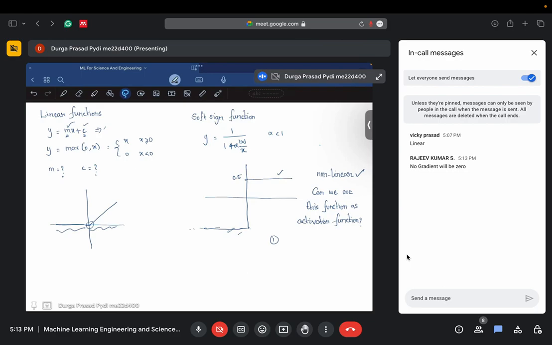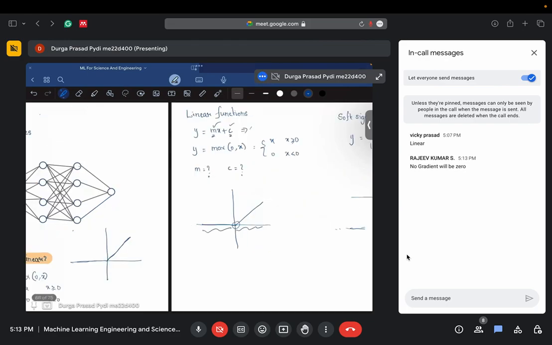No, the gradient will be 0. Yes, if you try to calculate the gradient of this, since in this particular region it is linear, the gradients will be 0. If gradients are 0, you won't be able to learn anything. So this cannot be used. Though it is a nonlinear function, you cannot use it because its gradient is 0. Okay.